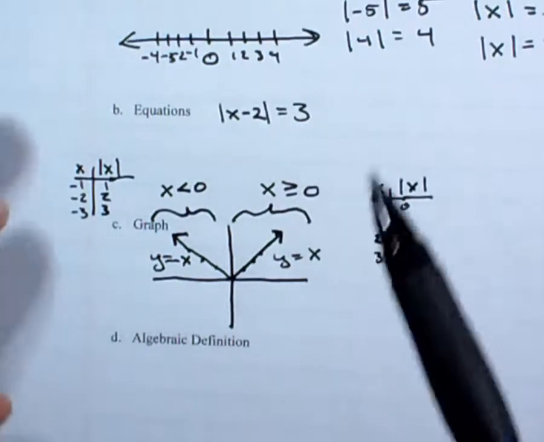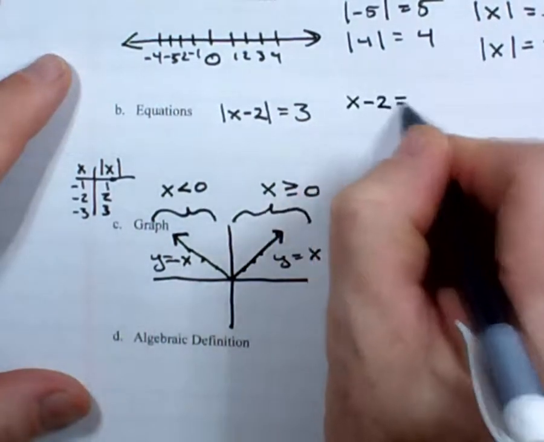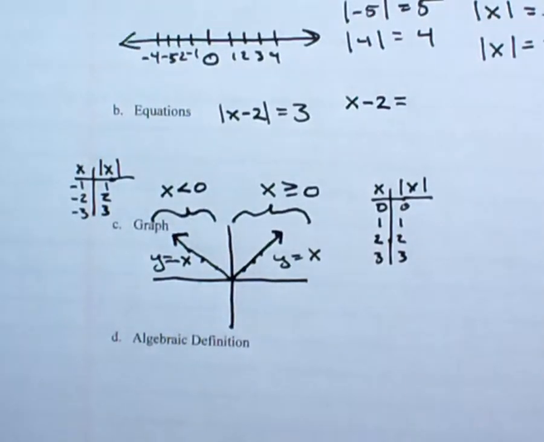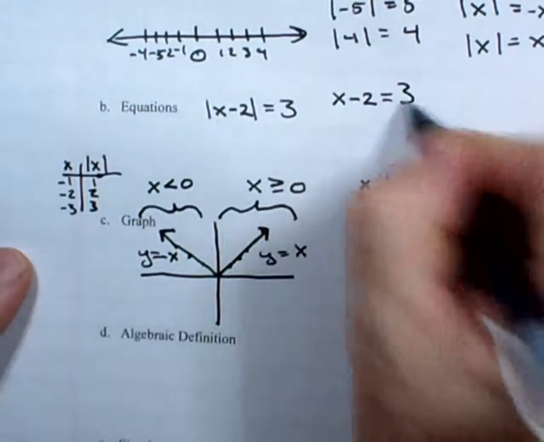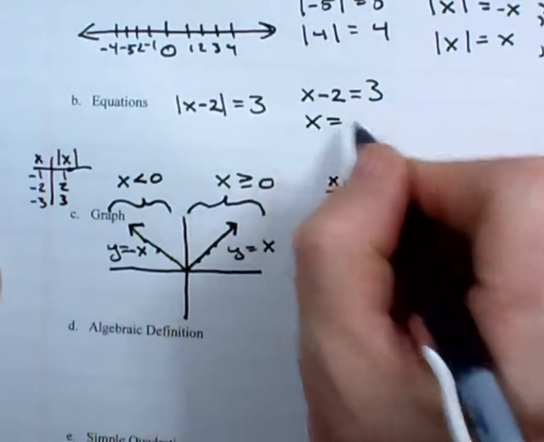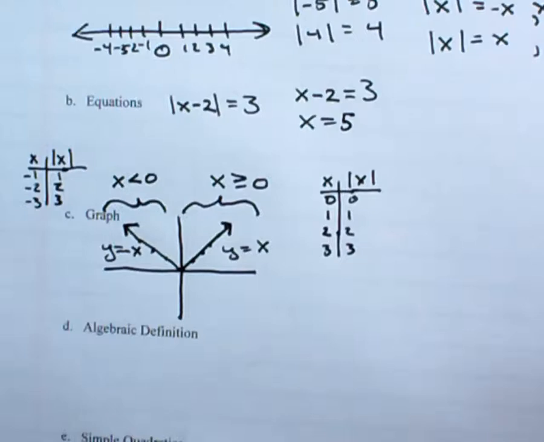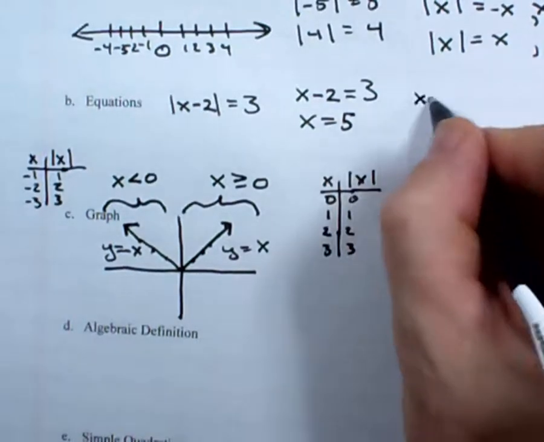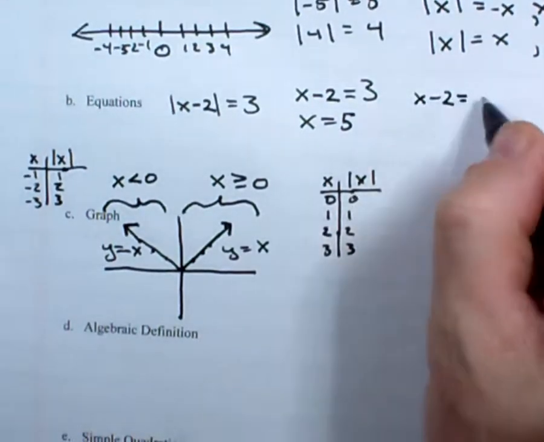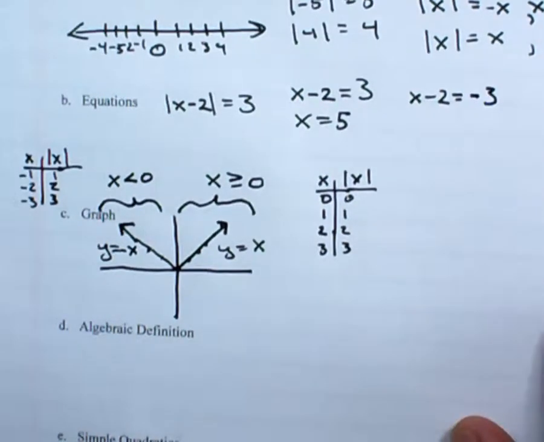So what we do on absolute values is we create 2 equations. We say this thing inside that absolute value symbol could be 3. And then I can solve by adding 2 and get 5. That's one of my answers. But the other thing in there could be a -3, right?